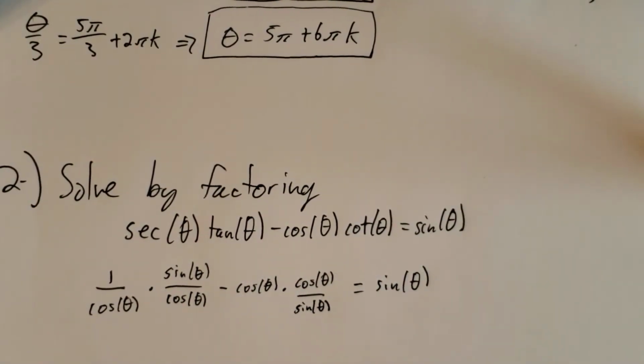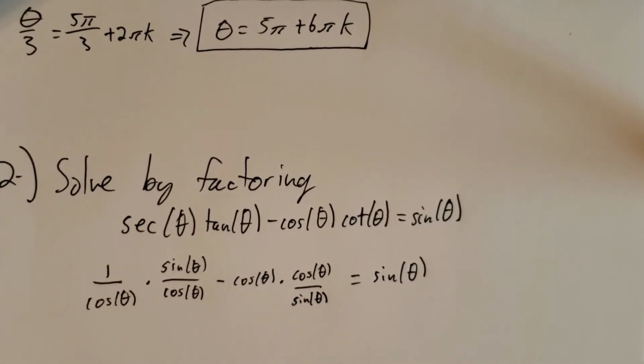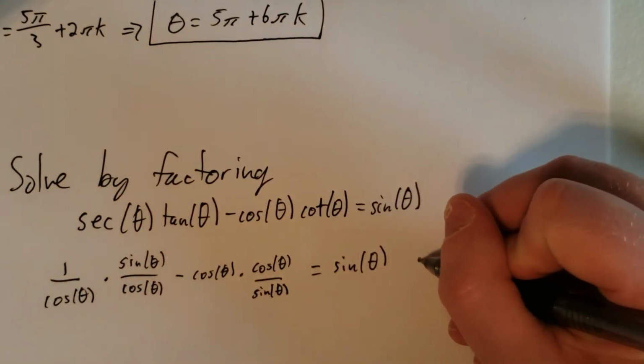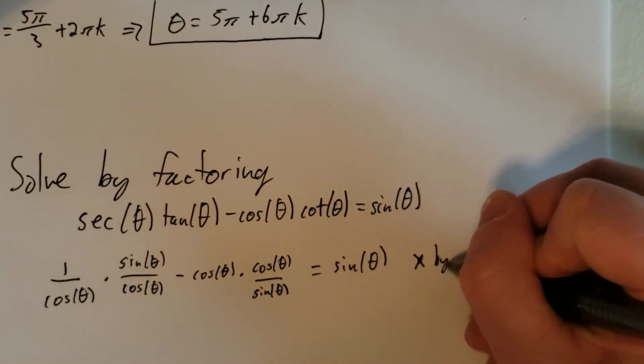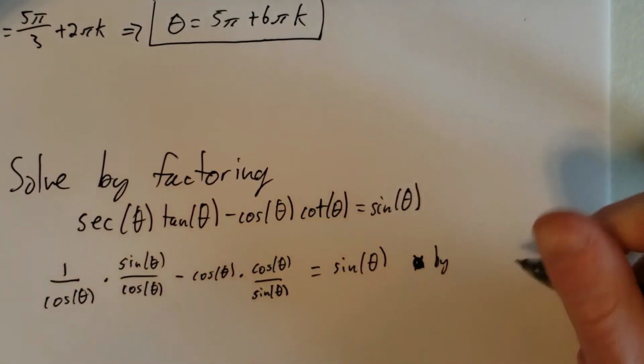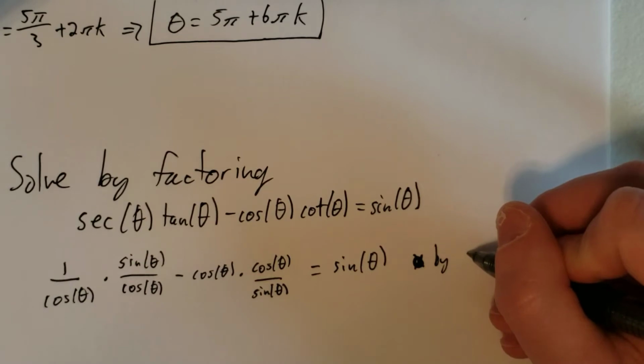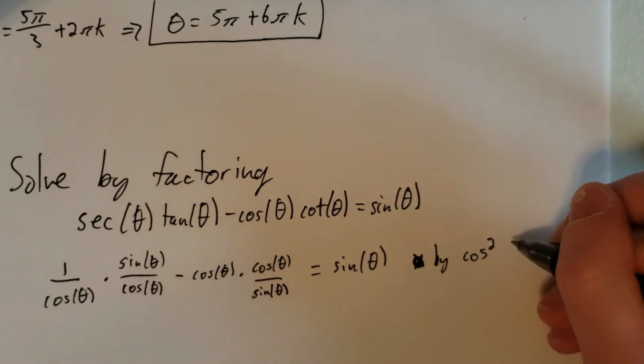Okay, now we have some stuff on the denominator here. So the first thing I want to do is multiply by cosine squared of theta.